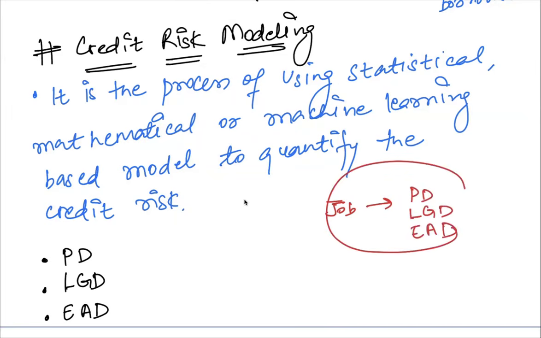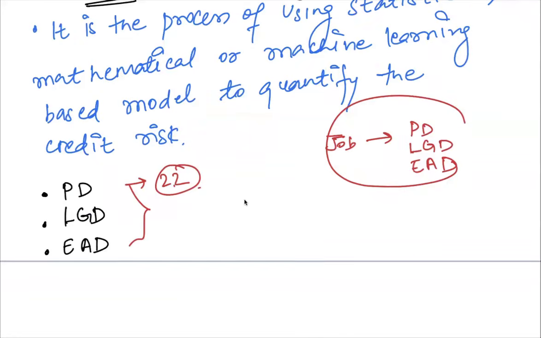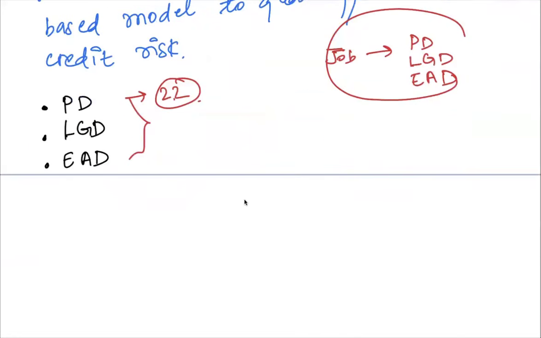So what are these terms called? Let me explain bit by bit. PD is nothing but probability of default.